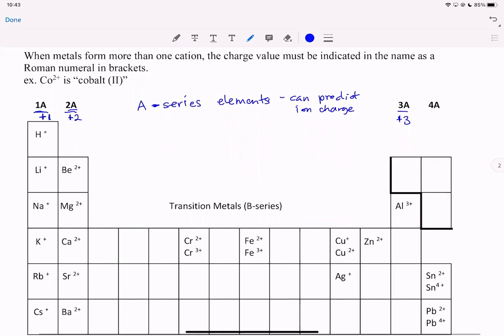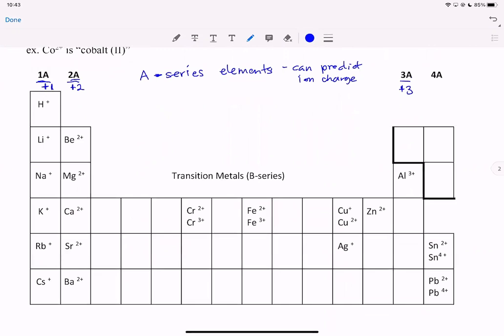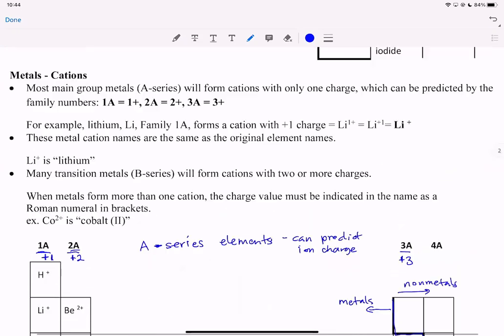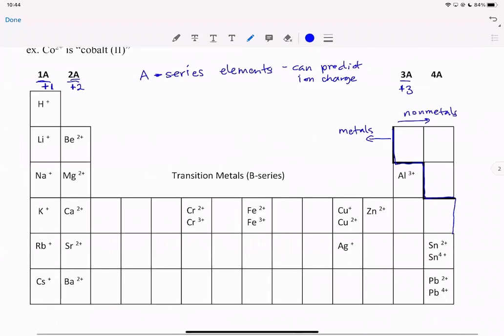We do have some elements in 4A that are below this stair-step line. And remember, everything below the stair-step line, these are all metals. So everything to the left of this are metals, and everything to the right and above it are nonmetals. We already looked at nonmetals that are in 5, 6, and 7. And now we're looking at the metals.